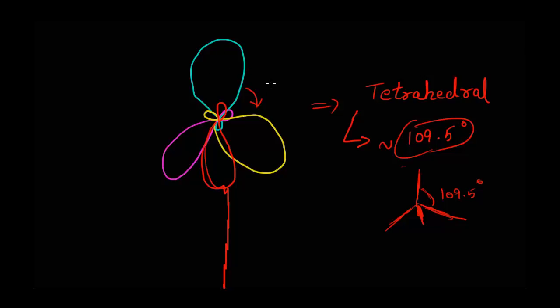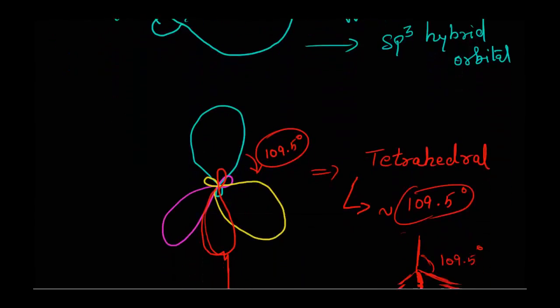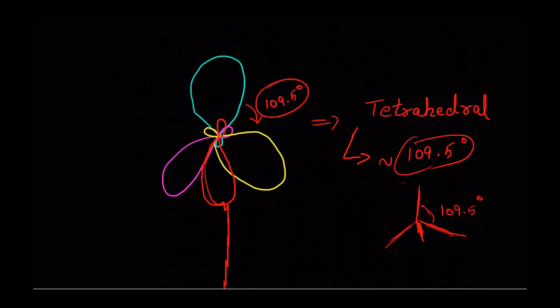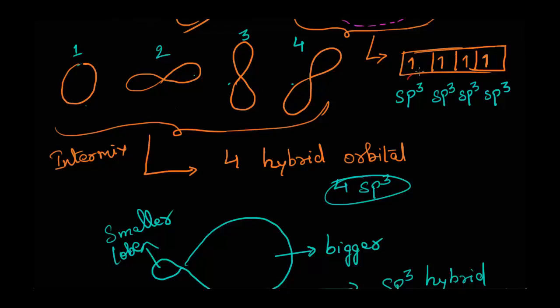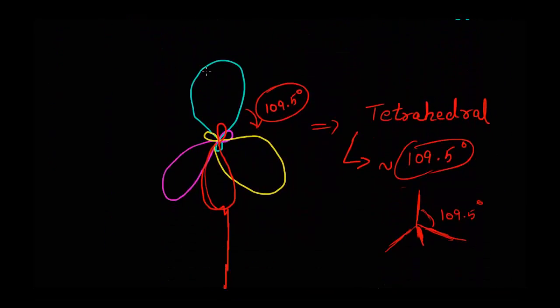So this angle will be approximately 109.5 degrees. Here I have four hybrid orbitals of equivalent energy, with one electron in each sp3 hybrid orbital.